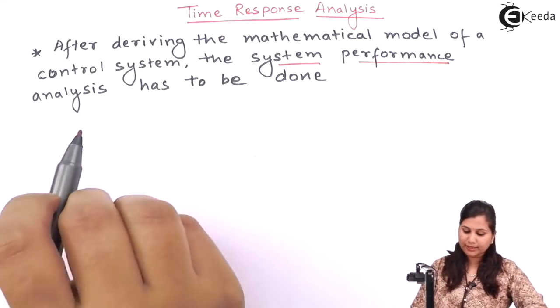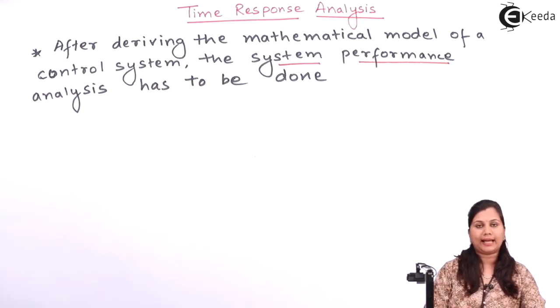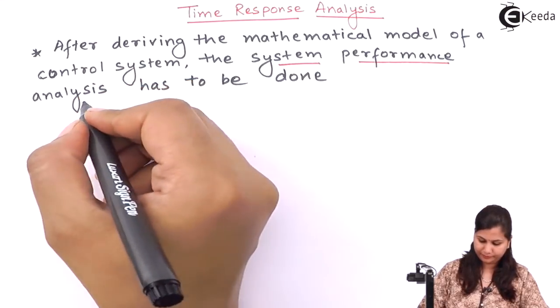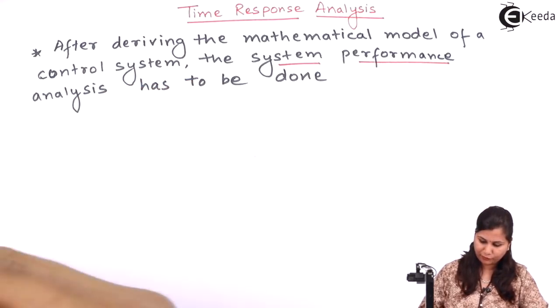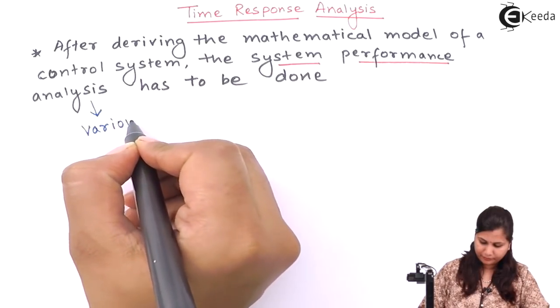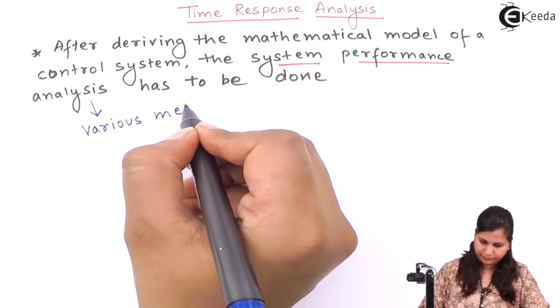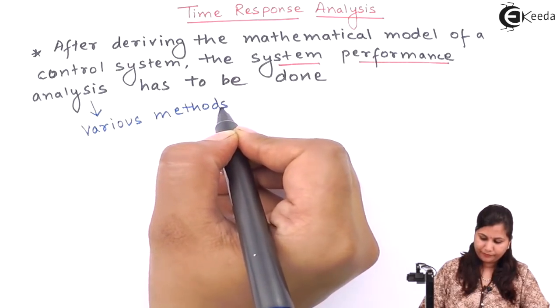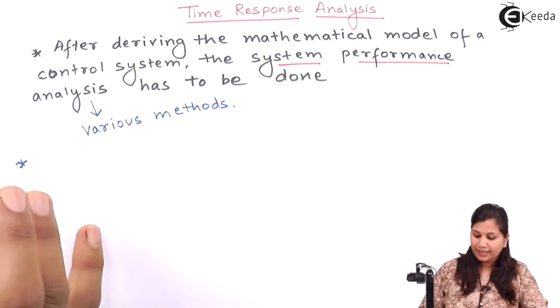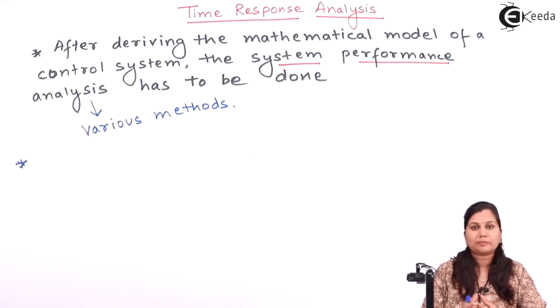Now, this system performance analysis can be done by various methods. We have various methods for it. In this performance analysis, we will study some specifications of the system or some performance criteria.